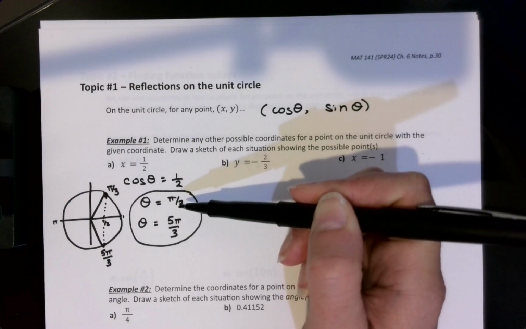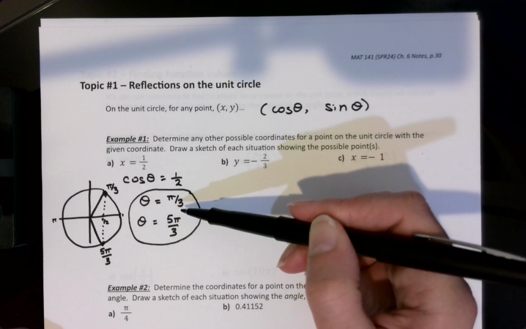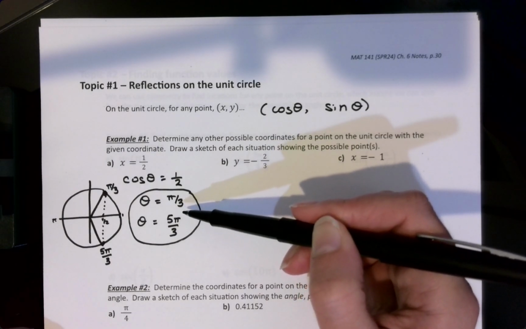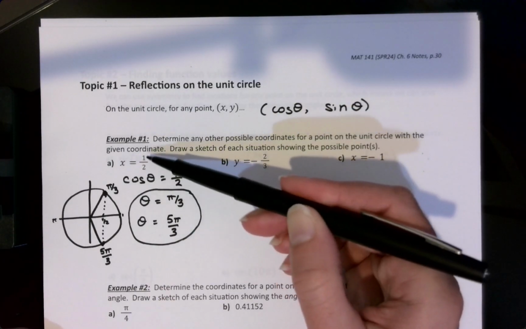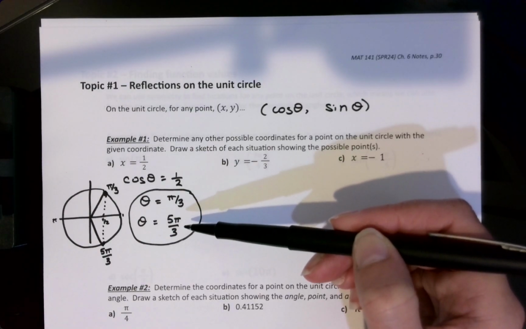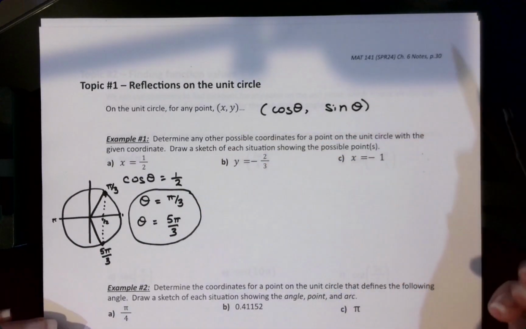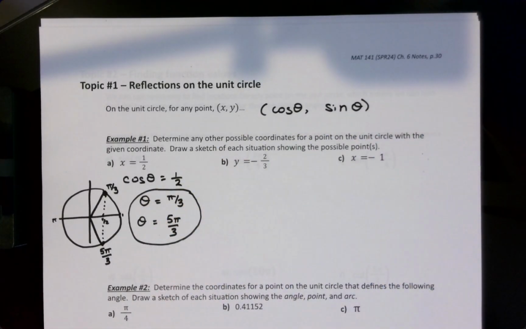So this is a function because the angle pi thirds has one and only one answer for its cosine. But there are lots of different angles that would give the same output. So it is a function, it's not a 1-to-1 function. So there are two answers to this, if we want to find the angles that give that x coordinate. Okay.